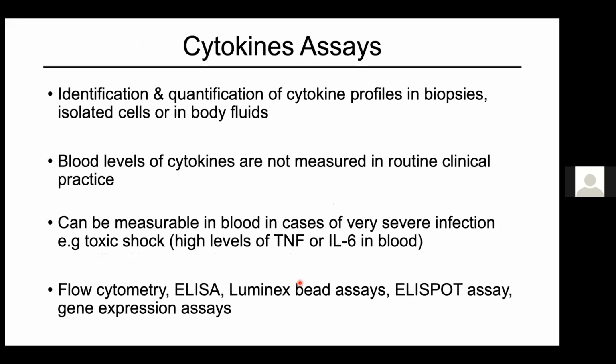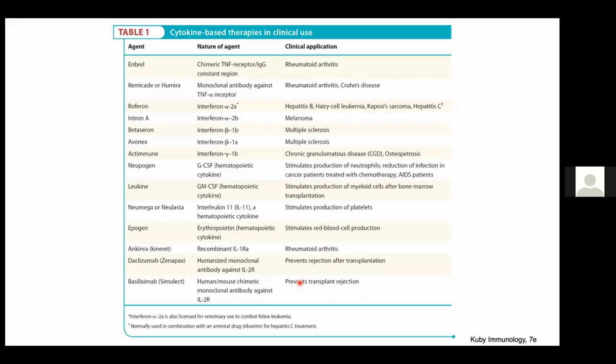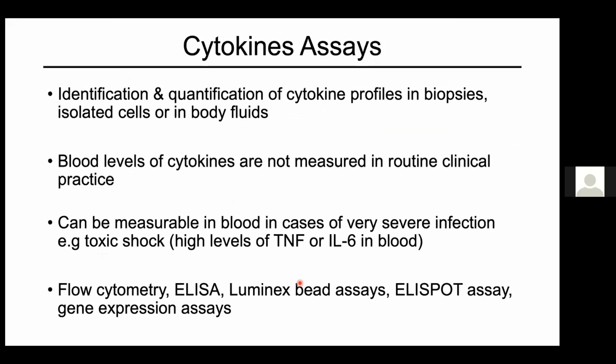In terms of assays, I think I'm getting towards the end. I know time is running out. We can, in some scenarios, measure or quantify the amount of cytokines in biological specimens, for example, in biopsies or cells or body fluids, but this is not done routinely. As I mentioned, the cytokines of the adaptive immune response are produced in very low quantities, so it will be difficult to measure that.